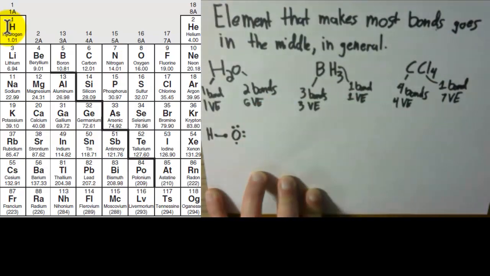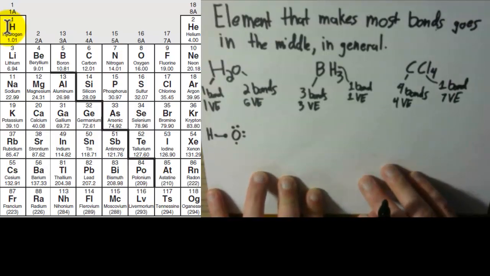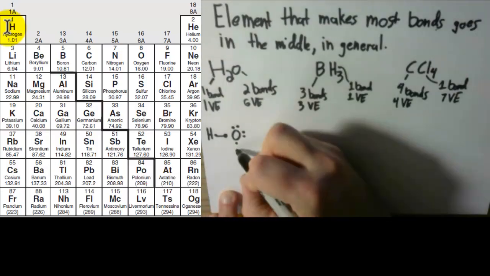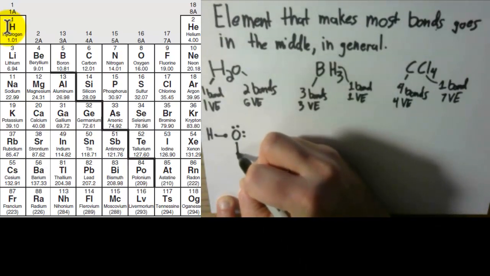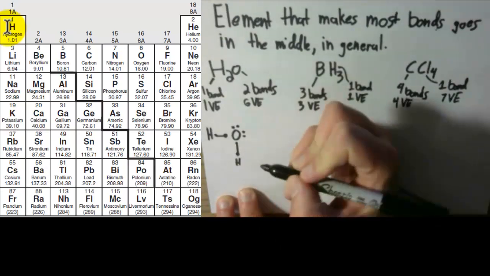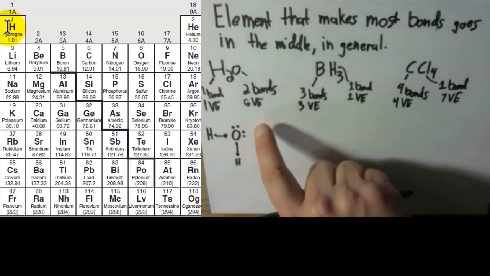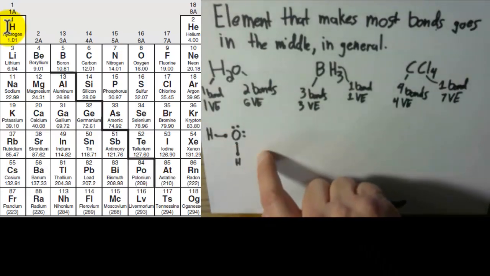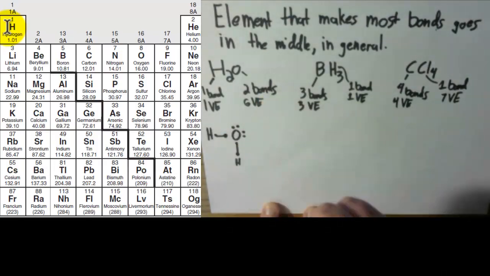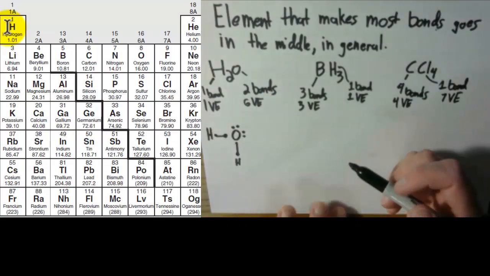Oxygen has 6 valence electrons, as you can see in the picture right here. I drew 6, and it has 1 left, which connects to the other hydrogen. So, since each hydrogen can only make 1 bond, they each attach 1 time, and since oxygen had 2 free electrons, that can make 2 bonds, so you've got those 2 bonds right here.